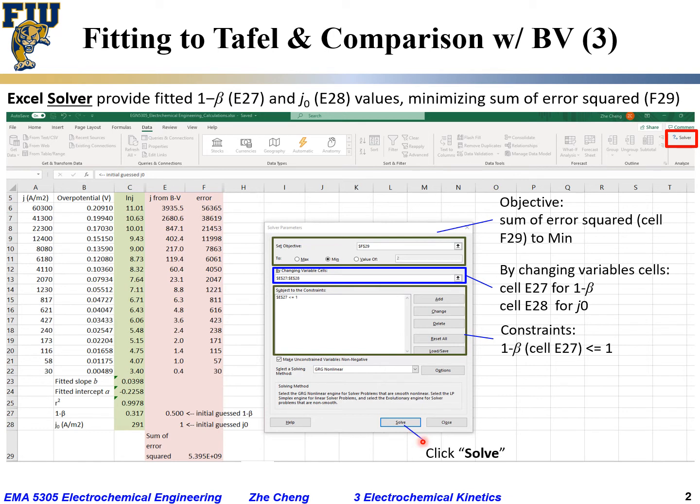Okay. And then you click solve. The Excel solver would do the computation and try to fit the data to find the optimized 1 minus beta, which is cell E27, and J0, which is cell E28, in order to reach the objective, which is to minimize the value of cell F29, the sum of squared errors, to reach minimum.